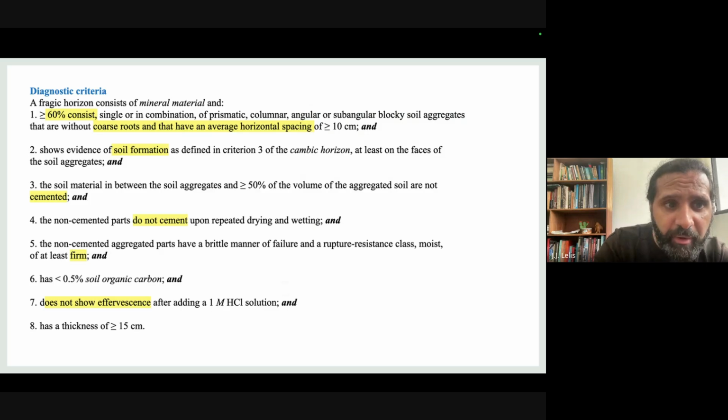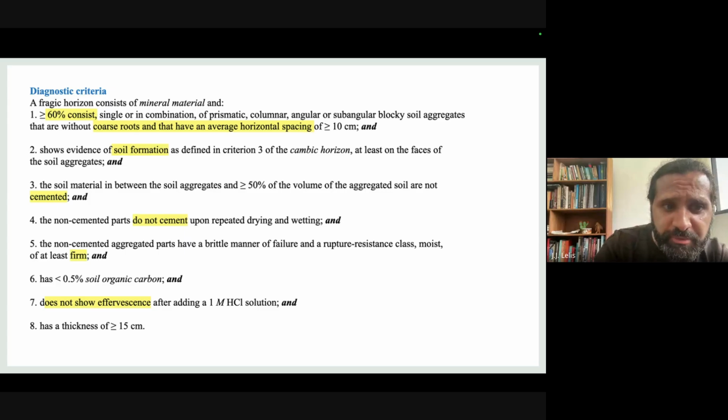So the fragile horizon has 60% of prismatic, columnar, angular, or subangular block structures without coarse roots, okay? And when they have coarse roots, the spacing is equal to or higher than 10 centimeters. It shows evidence of some soil formation, so I can see some horizons, okay, some pads.